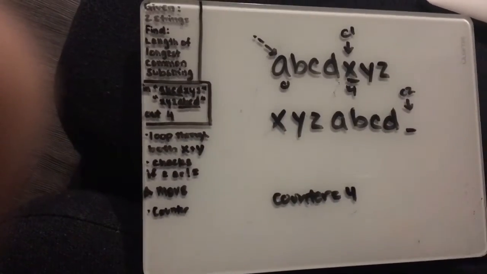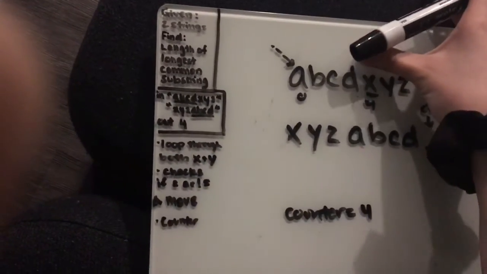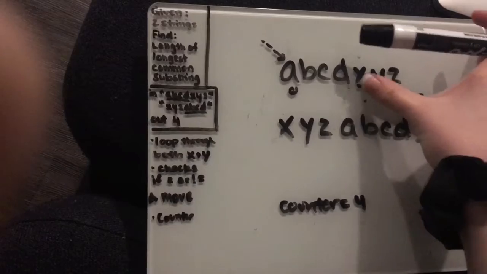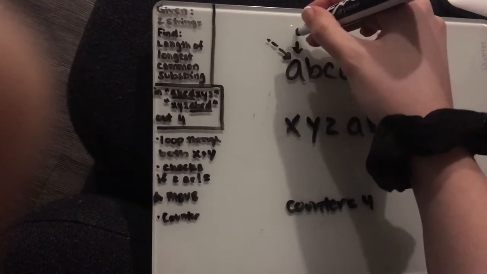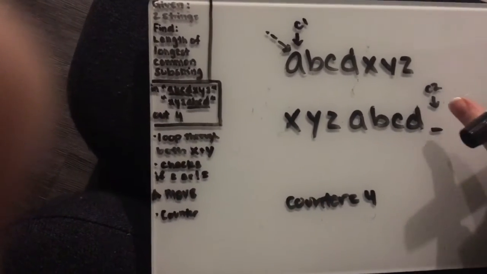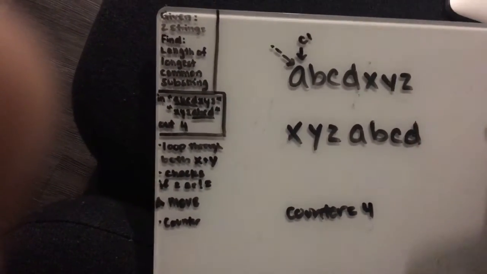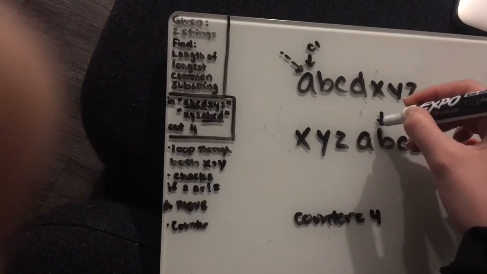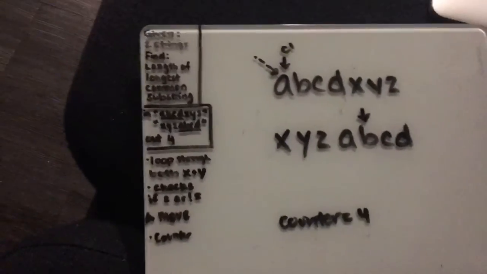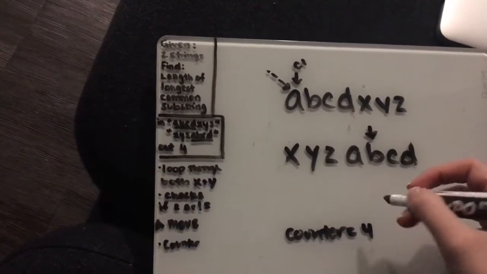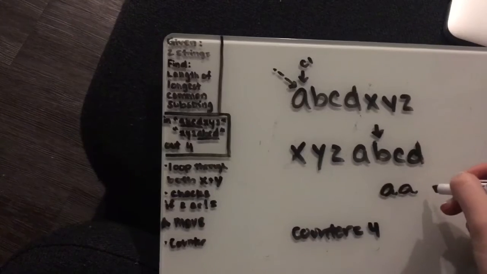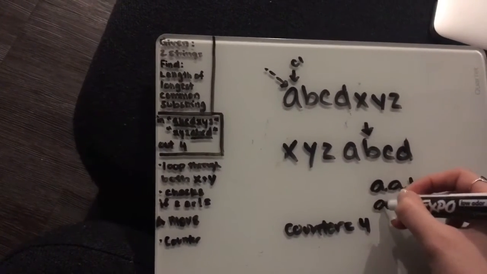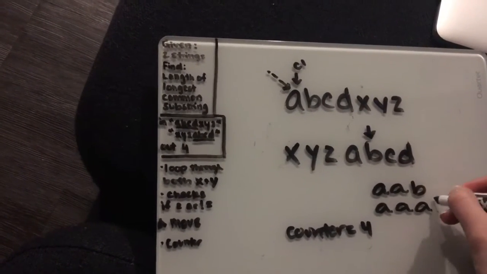And then once that happens, C1 will reset and we will go back to this point, because let's say we had A, B in this string.